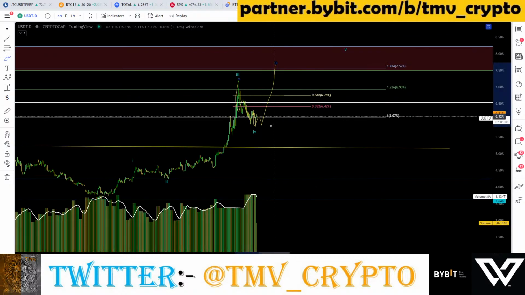USD dominance: I am expecting either a V-shaped reversal from here, which means BTC is going to dump. However, if we get one more move down, like to 5.18, which is a very nice level, it would be amazing. I think I really need this one more move down. If we do get it, we're going to do something like this, and it's going to be your final wave 5.